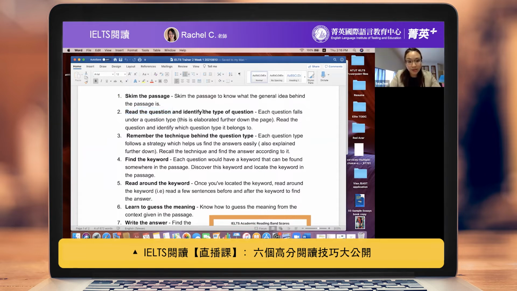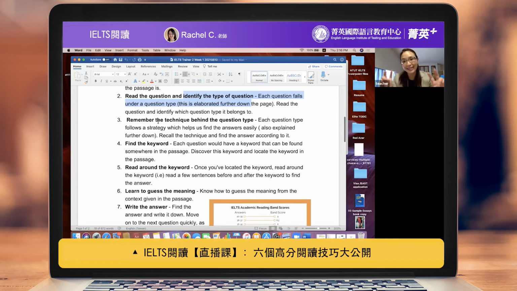So here it says, identify the type of questions. These questions fall under a question type. It is elaborated further down the page, which will be later on, don't worry. Read the question and identify which question type it belongs to. And number 3 is remember the technique, which means the skill behind the question type, which also will be related to the following lessons.